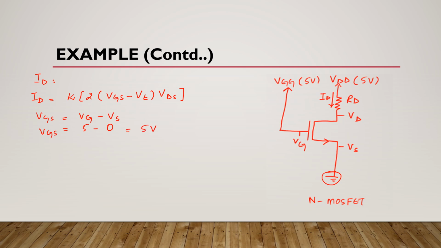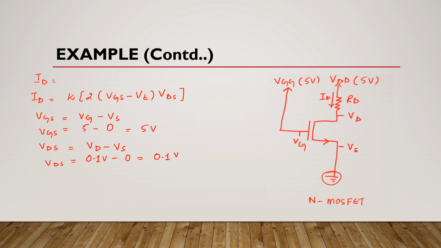Now what about the value of drain to source voltage? We know that drain to source voltage is equal to drain voltage minus source voltage. Here the drain voltage is 0.1 volts and the source voltage is 0. It means here the drain to source voltage is 0.1 volt. Okay, so this is the value of drain to source voltage.